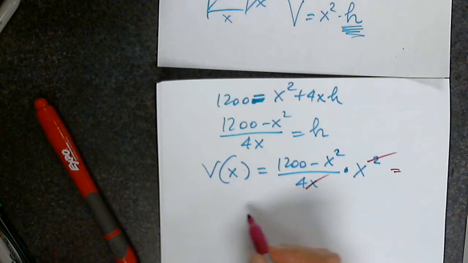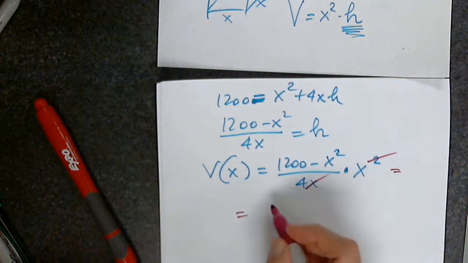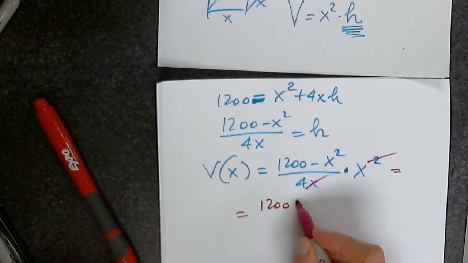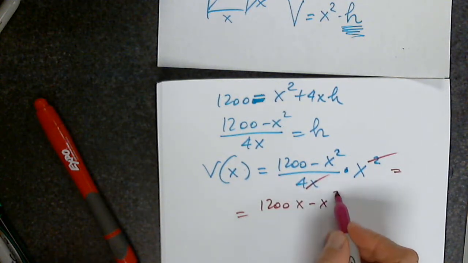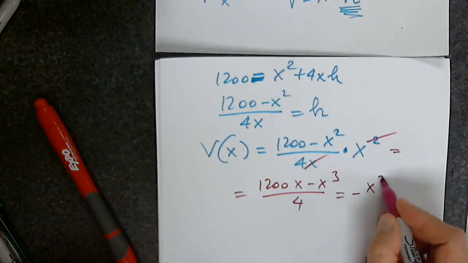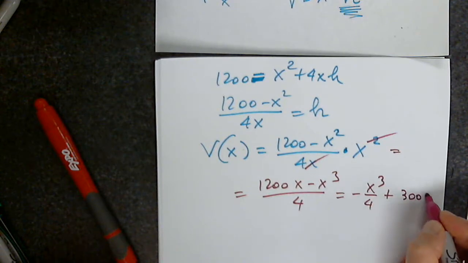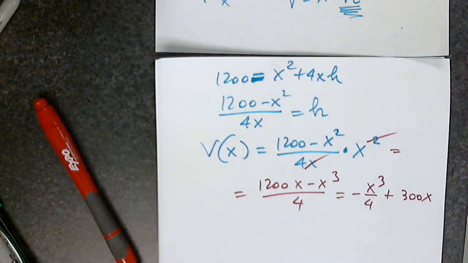So the equation becomes, you can separate this if that's what you want, but I recommend 1200x minus x cubed, divided by 4. If you want, you can write negative x cubed over 4 plus 300x. If that's what you want to write, it's fine.